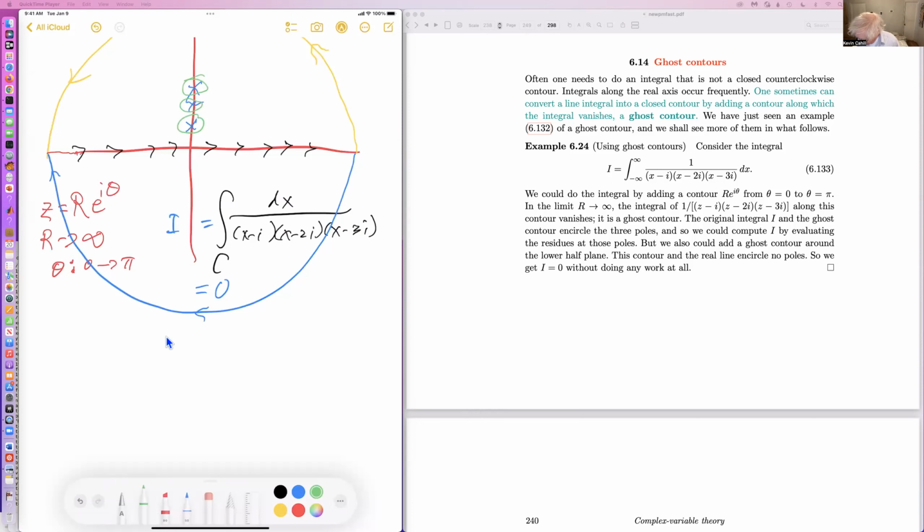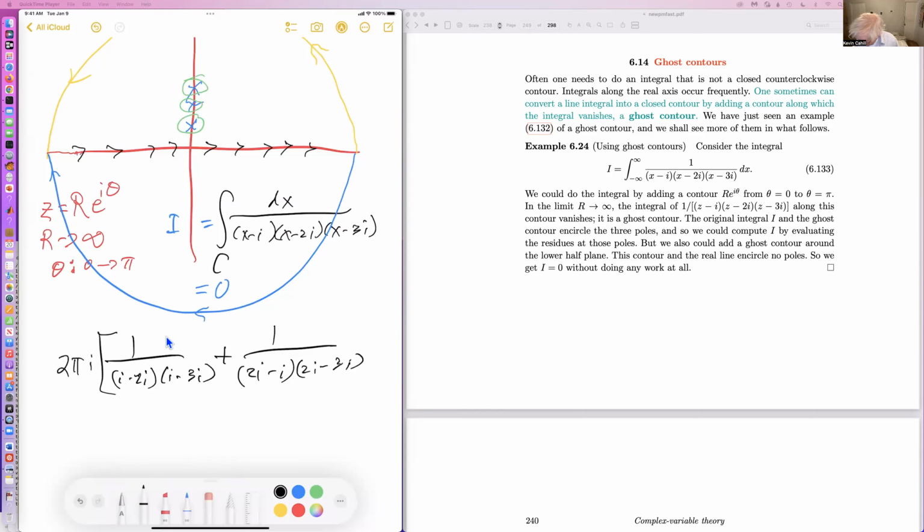The answer doing things that way would be 2 pi I times the sum of residues. The first pole would give us 1 over (I minus 2I)(I minus 3I). The second pole would give us 1 over (2I minus I)(2I minus 3I).